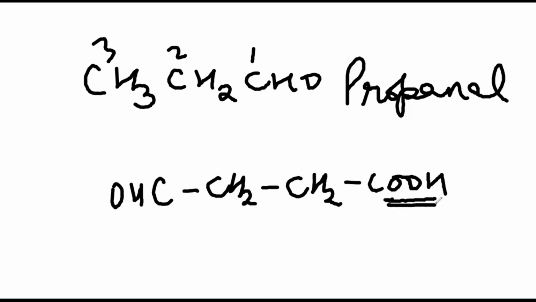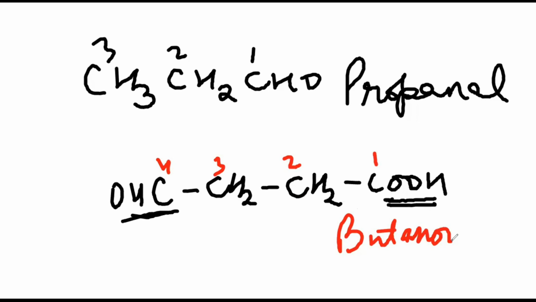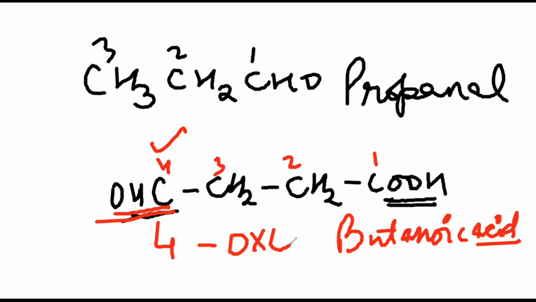You can see here carboxylic acid as well as aldehyde. But again, the priority goes to that of the carboxylic acid. So we will term it as butanoic acid, right? Butanoic acid. So how will I tell the aldehyde group? I will say at the fourth position, CHO. CHO is oxo or formyl. I can write any one. So I will say 4-oxobutanoic acid. ठीक है?